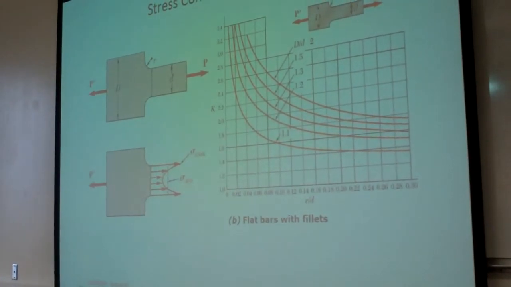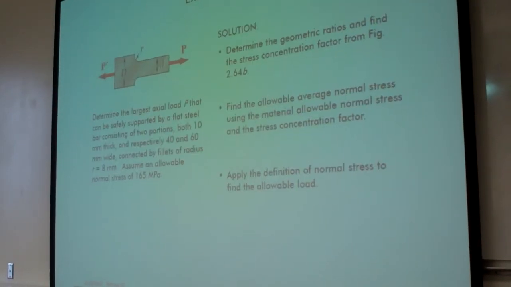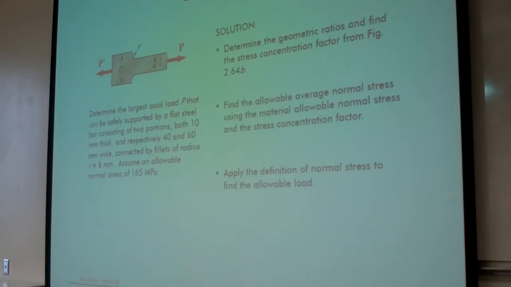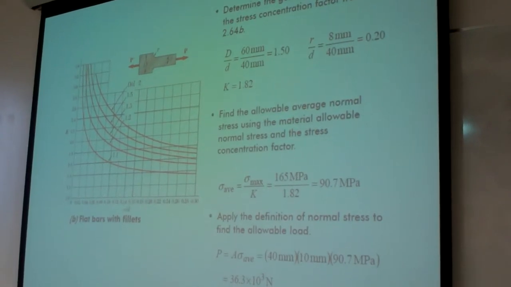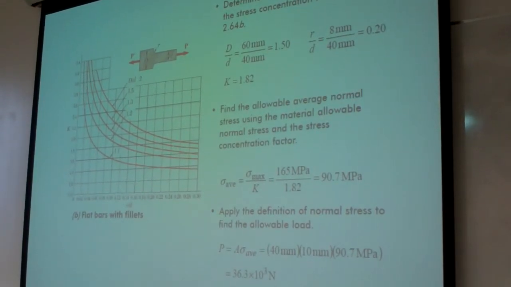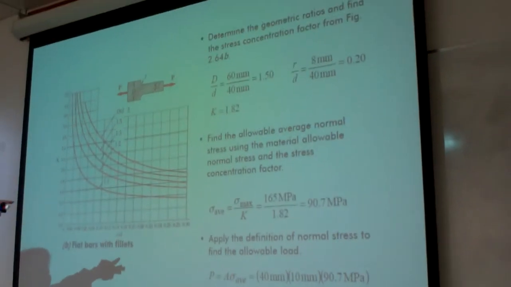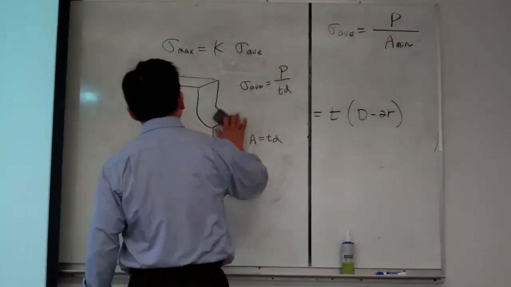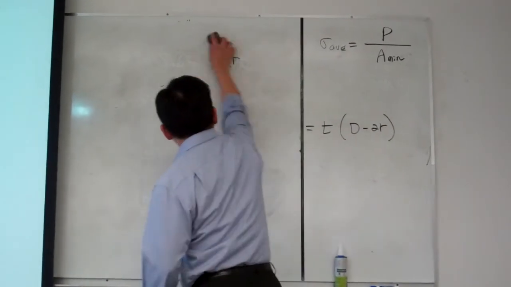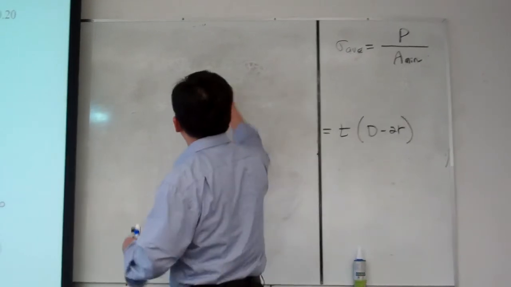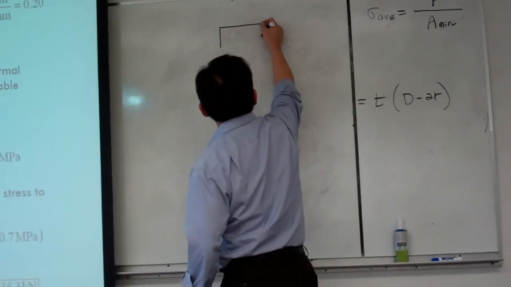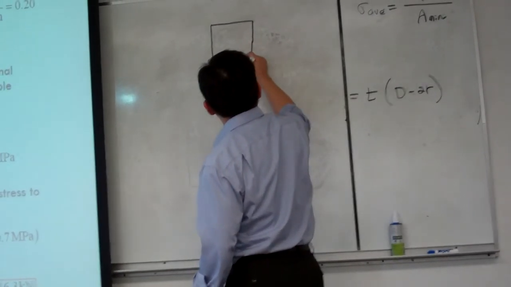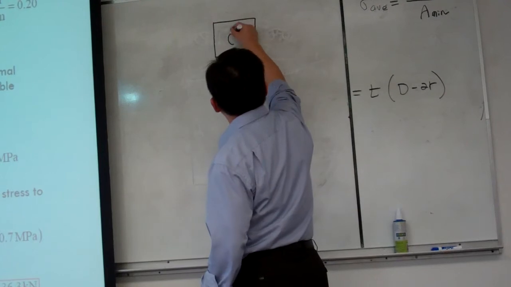So probably today I don't have time to finish one or two examples. But I think these examples are pretty much straightforward for you to follow up. So would you mind doing self-study on this one here? And one final note I want to remind you: in one of the homework problems, we have materials like this. We have a fillet, and also we have a hole.